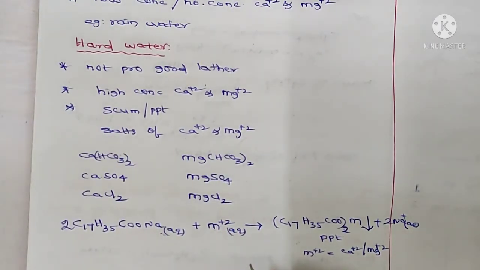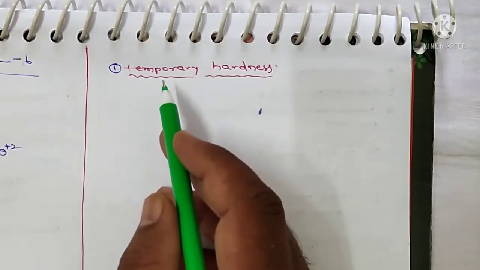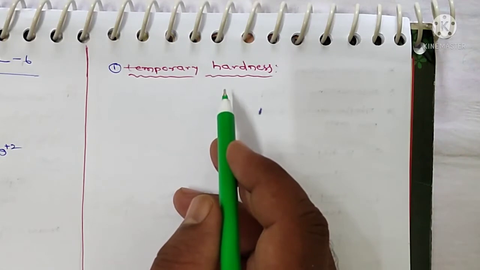And the hardness of water is of 2 types. One is temporary hardness and the second one is permanent hardness. Let us discuss the hardness of water. The first one, temporary hardness.